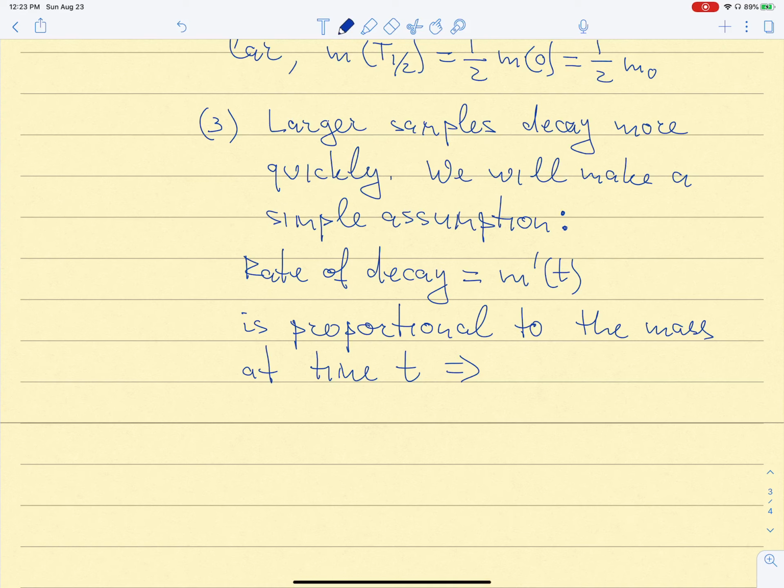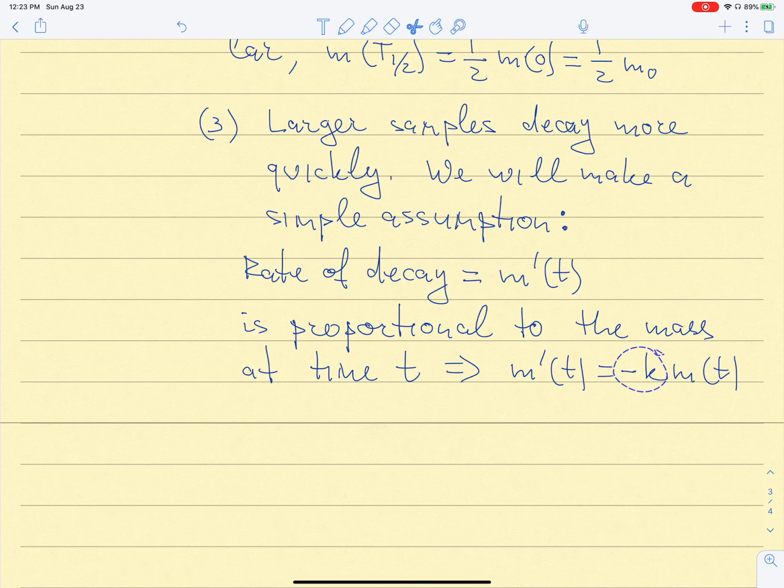So therefore, m prime of t is equal to, I'm going to write, minus k times m of t. So this then corresponds to the intuition, that the rate of change of mass is proportional to the mass. The larger the sample, the faster it decays. So minus k is a coefficient of proportionality.